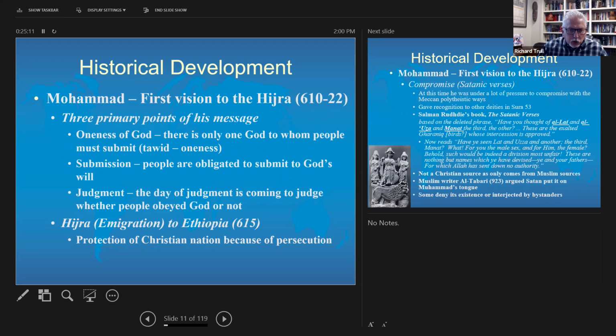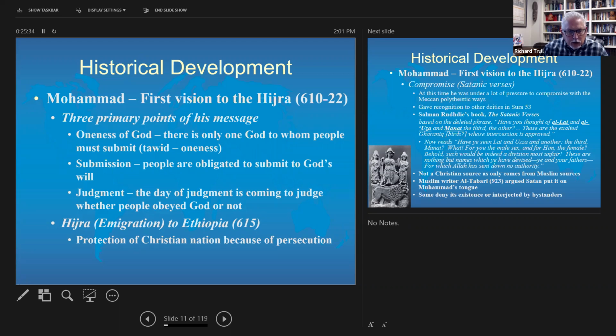But Trinity is one, though that's sometimes not seen by others. And we do believe we submit to God's will, and we do believe there is a judgment day coming. Well, we'll come back to his teachings later as they're developed further in Islam.